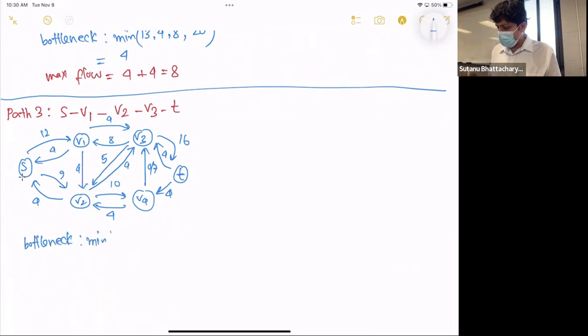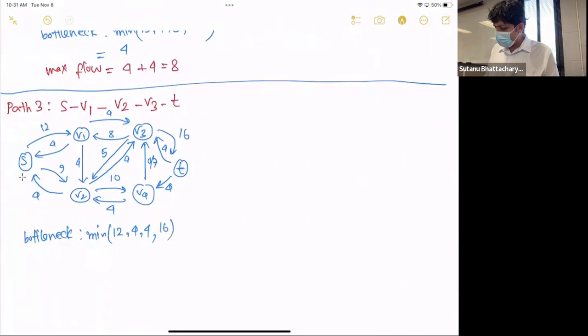It would be the minimum of S to V1, capacity 12, then V1 to V2, 4, then V2 to V3, the forward edge, 4, and then V3 to T, 16. So what is the minimum? That is 4.